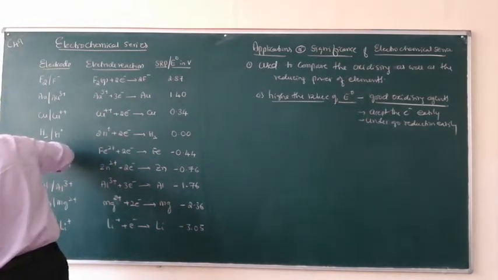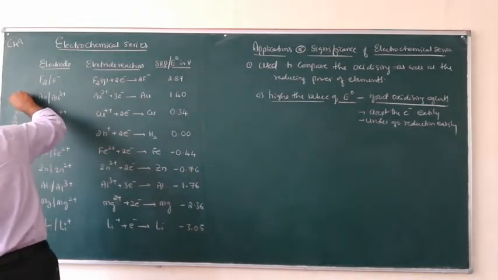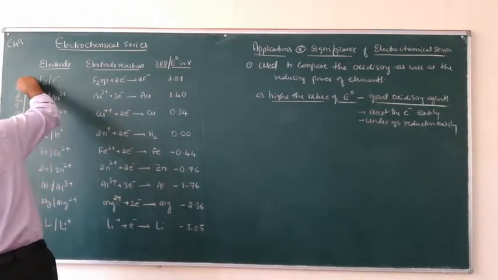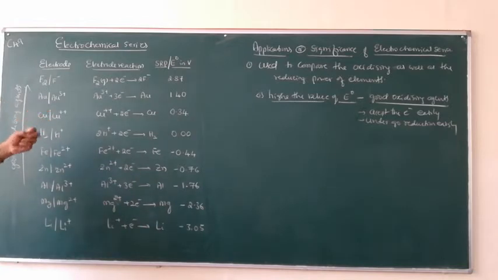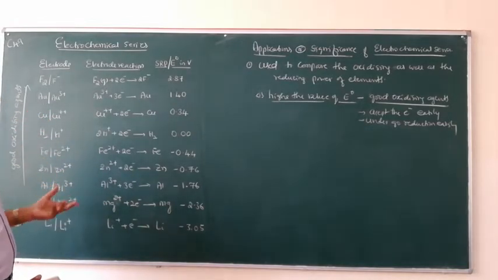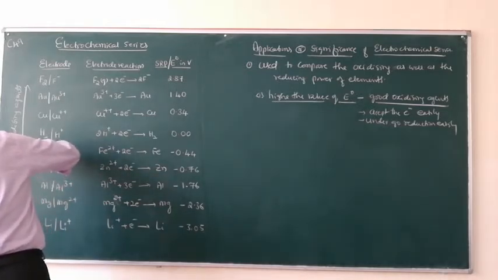Good oxidizing agents. So as we move from bottom to top, the oxidizing power goes on increasing. They are good oxidizing agents, that means they will accept the electron easily. They undergo reduction easily.